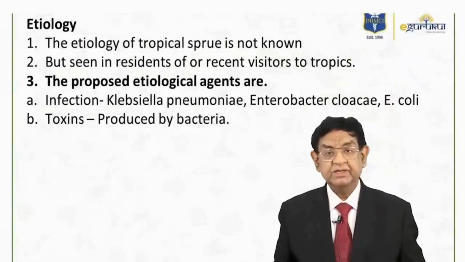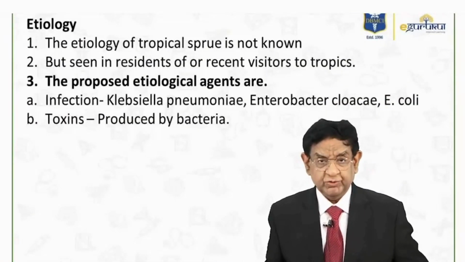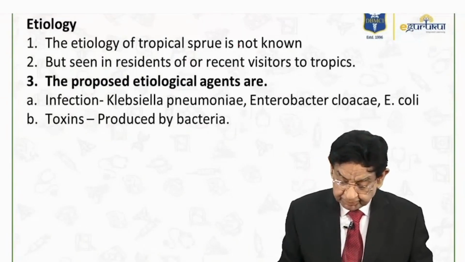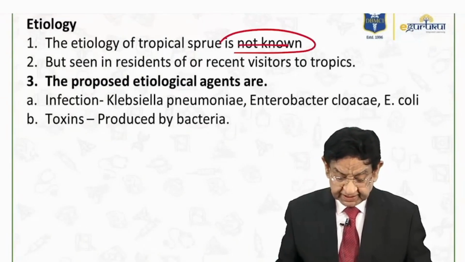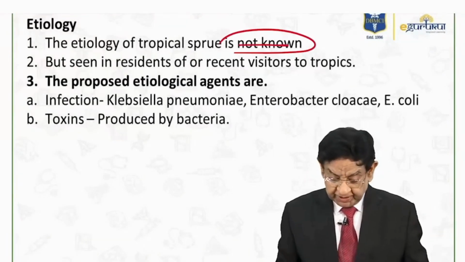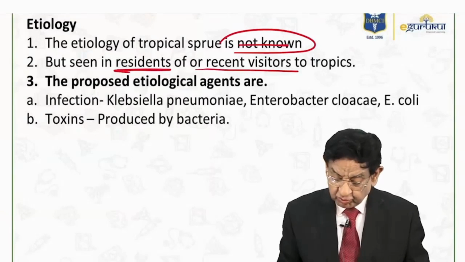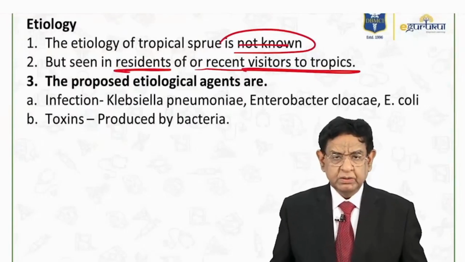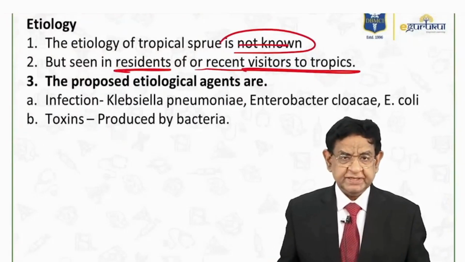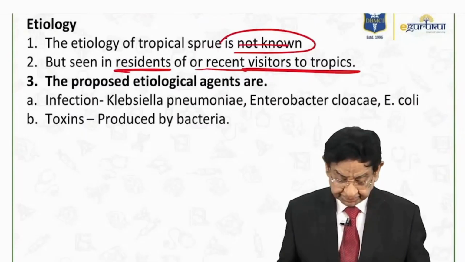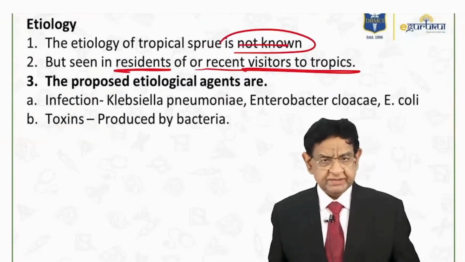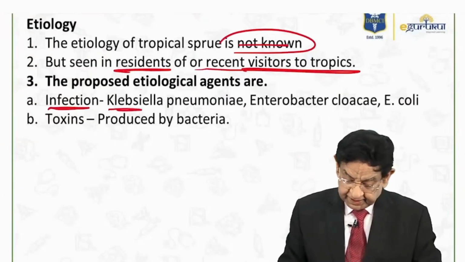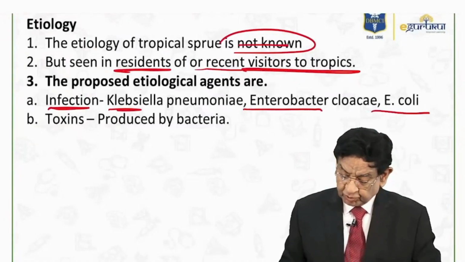Etiology, in fact, is usually unknown. But they say, since it is seen in people who live in the resident area or those who visited the tropics, perhaps this is infectious in etiology. Certain organisms have been proposed, infections like Klebsiella, Enterobacter, E. coli.